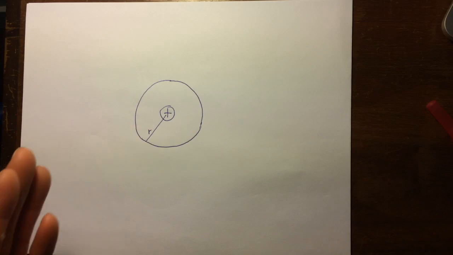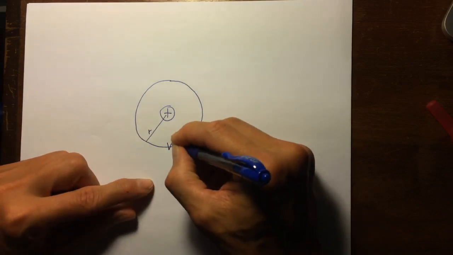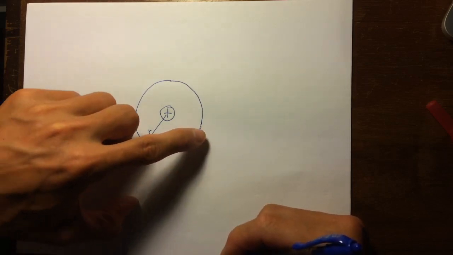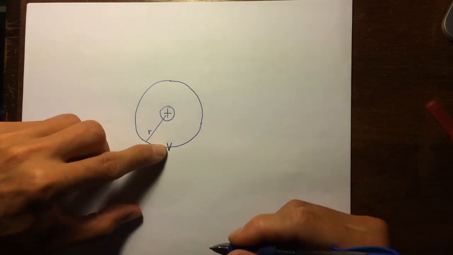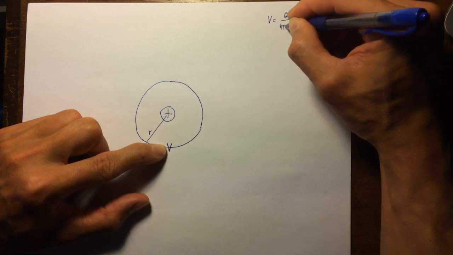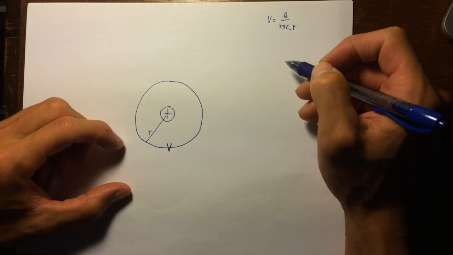It's really three-dimensional. But this is at R. And so this potential surface is V, all of these positions on the surface have the same potential, equipotential surface V, and V is Q over 4 pi epsilon naught R, right, where R is that radial distance.